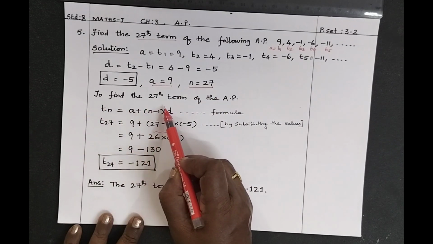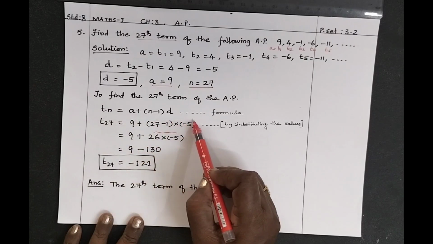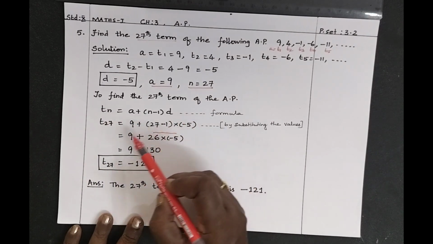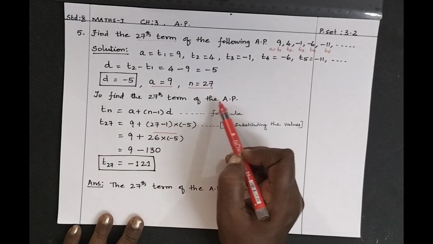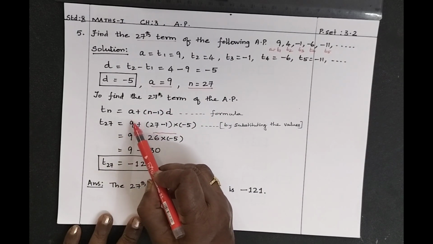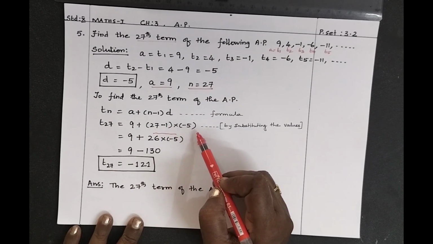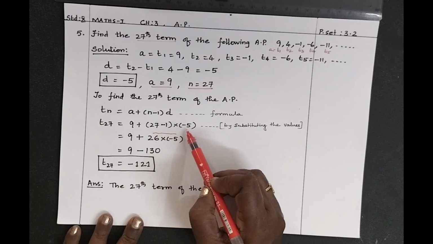Now to find the 27th term of the AP, let us write the nth term formula first. So Tn equals a plus (n minus 1) into d. Now substitute the values. N is 27, so T27 equals a, which is 9, plus (27 minus 1) into d, which is minus 5. So 27 minus 1 is 26, times minus 5.